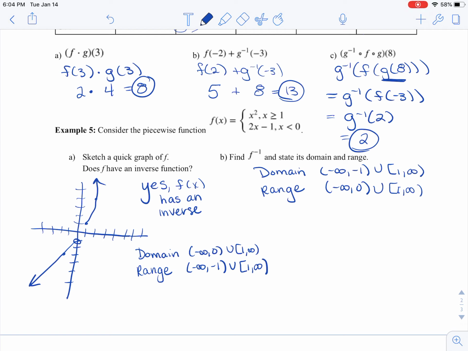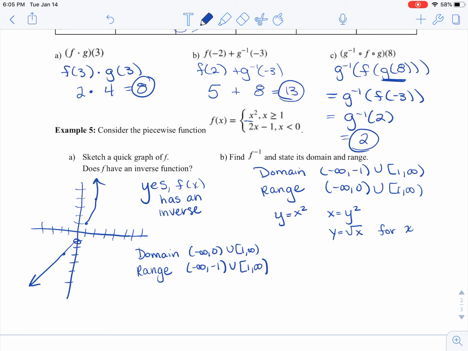So we know our inverse of this part, we need to first find that. So let's just look, if we said y equals x squared, and we switch the x and the y, we'd have x equals y squared, and we would get y equals the square root of x.